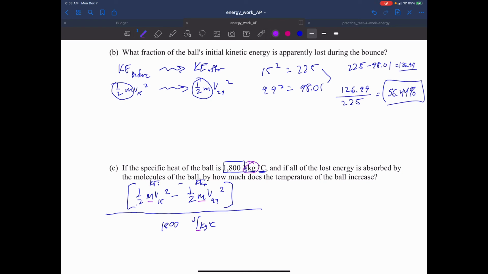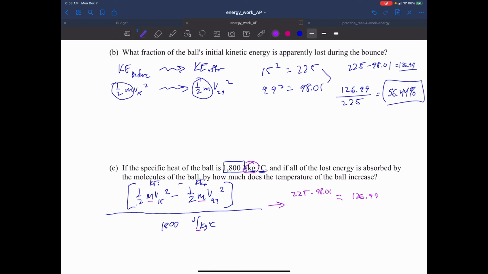So the effect will be canceled out either way. So the way we're going to do this is to take advantage of that fact. And we've already figured out this difference at the top right here. It was 225 minus 98.01, which is 126.9, essentially 127.